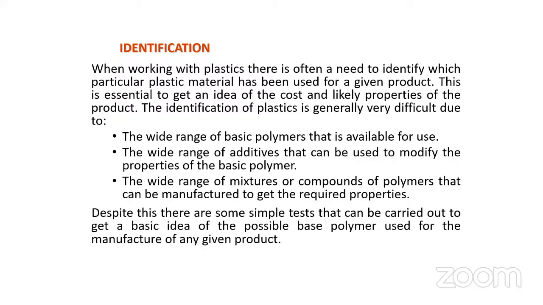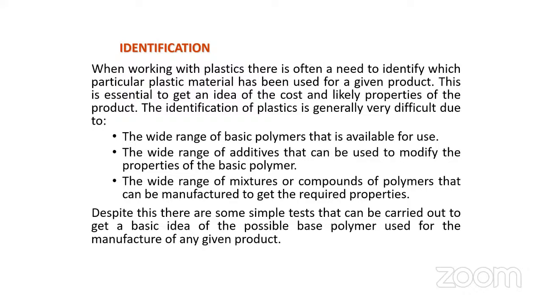Correct. So if that happens, how will you identify the polymeric material, because both polymers will work similarly, correct? So that's why the wide range of additives that can be used to modify the properties of the basic polymers is a challenge. Then the third one is the wide range of mixtures and compounds of polymers that can be manufactured to get the required property.